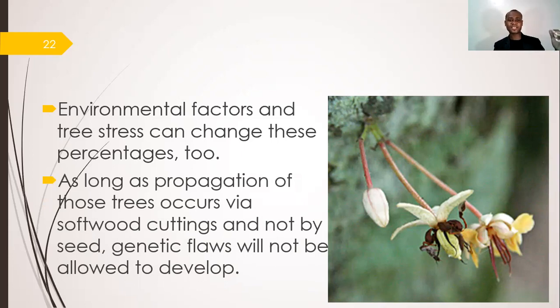Okay, so as long as propagation of those trees occurs via soft wood cutting and not by seed, genetic flaws will not be allowed to develop. Okay, so what that means is that if propagation is through cutting, it could be budding or grafting, and it's not by seed, then some of the problems of self-incompatibility can be reduced.